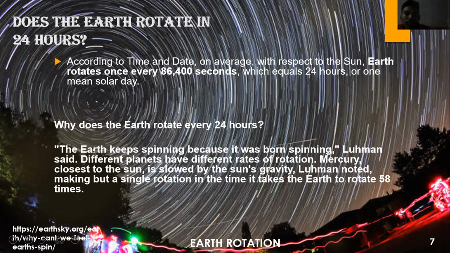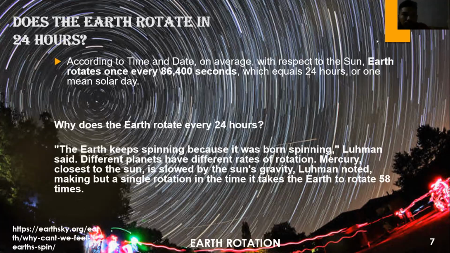According to time and date, on average, with respect to the sun, Earth rotates once every 86,400 seconds, which equals 24 hours or 1 mean solar day. Yun ang 24 hours rotates.